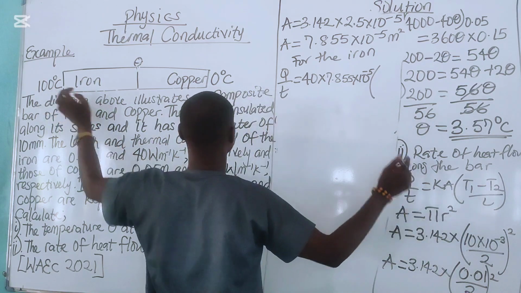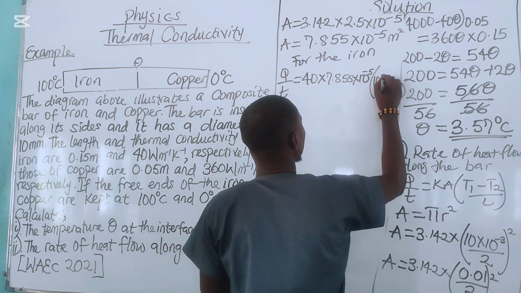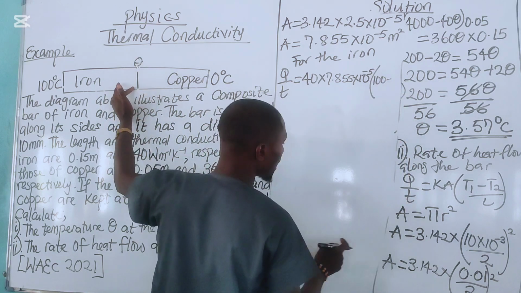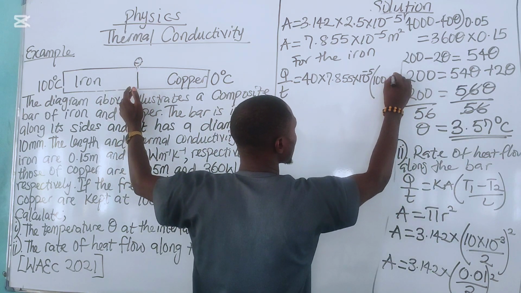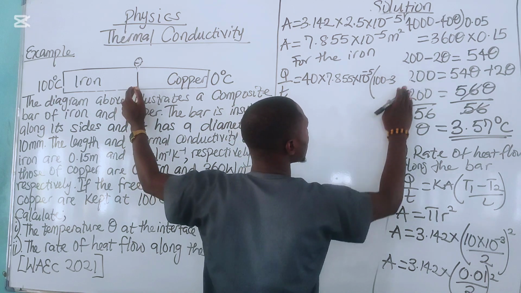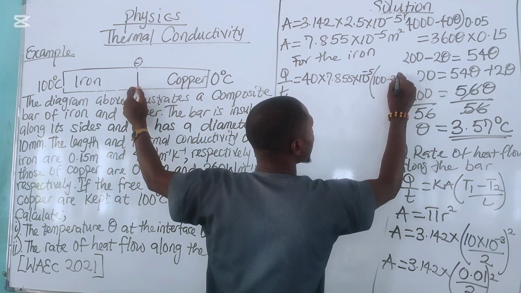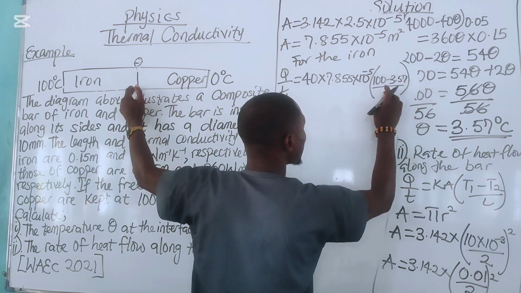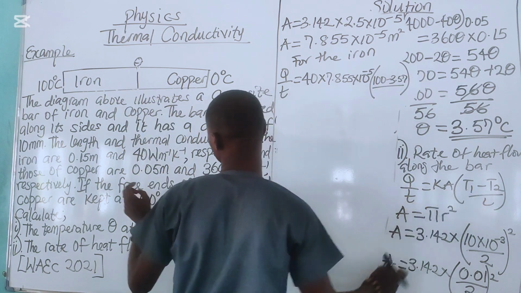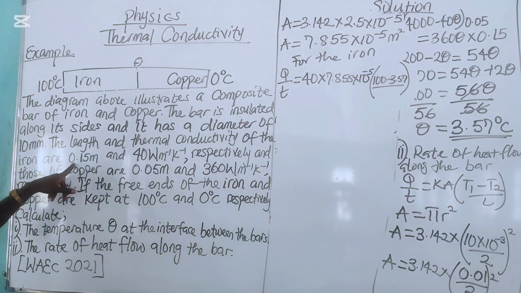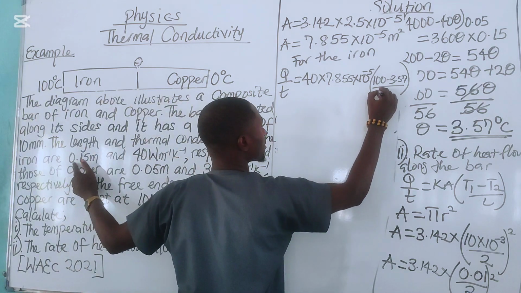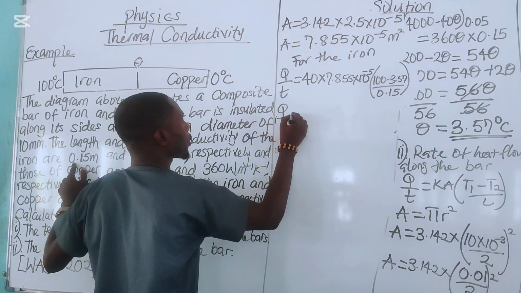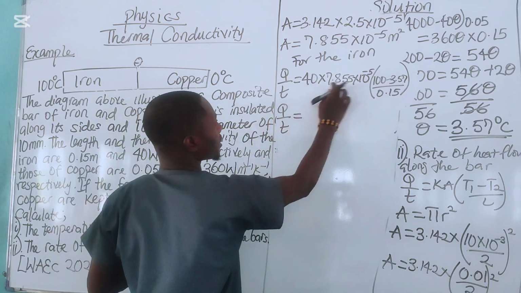The initial temperature is 100, minus the temperature at the interface, theta, which we calculated to be 3.57, divided by the length of the iron, which is 0.15.